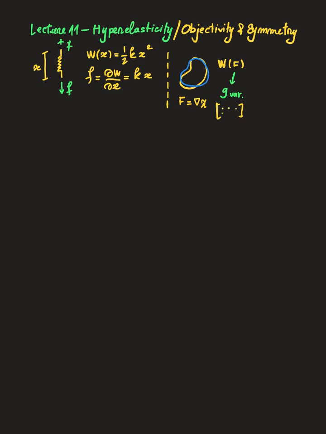This is the complexity that we are introducing. Essentially, we pass from a one-dimensional case in which you only need one variable, which is telling you the elongation, to the 3-dimensional context, in which for each point of the body, to characterize the deformation, you need 9 entries.